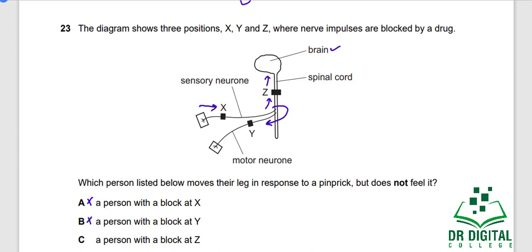A person with a block at Z, yes, when Z is blocked, no message will go to the brain, so it will not be felt. C can be the possible answer. A person with no block will move the leg as well as feel it. We cannot say that he does not feel it. So D is also wrong. The correct answer for question 23 is thus C.